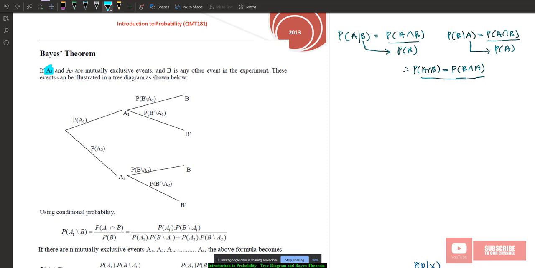If A1 and A2 are mutually exclusive events, and B is another event in the experiment, this can be illustrated as a tree diagram below, right? This is the same concept. So the probability of B given A1, the probability of B given A2, right? This is based on conditional probability.